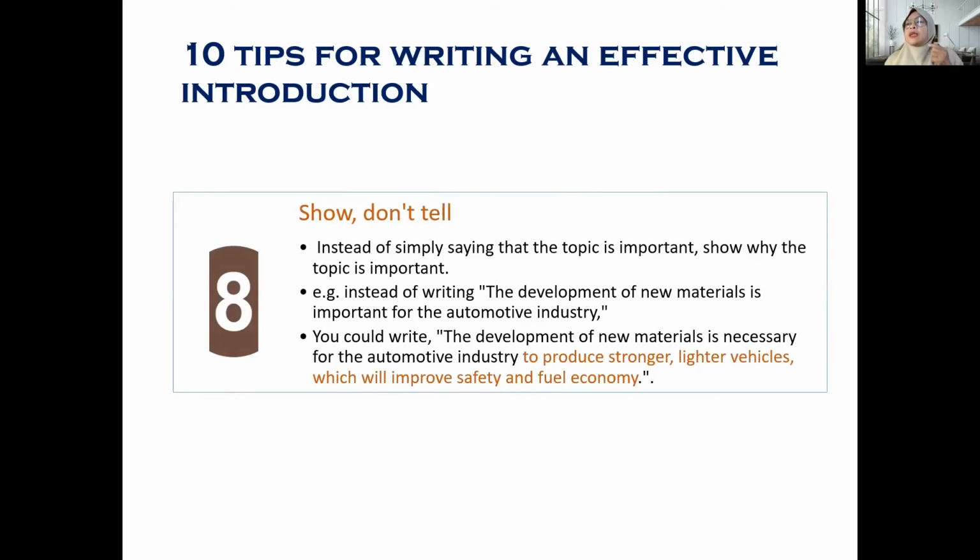You should write, the development of new material is necessary for the automotive industry to produce stronger, lighter vehicles, which will improve safety and fuel economy. So you give the reason why. Show why. Don't just say it is important, it is necessary, it is hard, it is complex. So you must tell why.